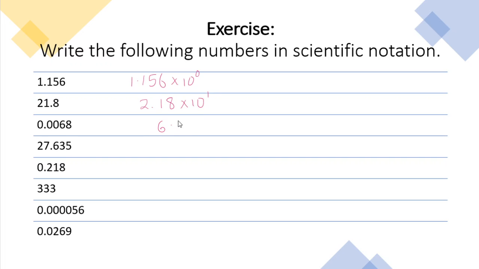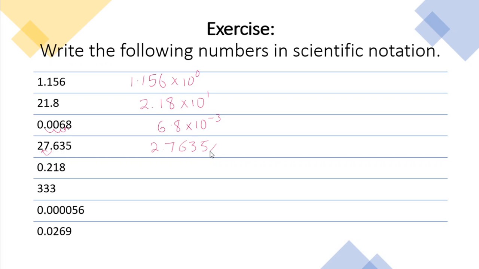This one is 6.8 times 10 to the power minus 3. Here we can say how much we moved. So 1, 2, 3 from left to right. And here we will move from right to left. So the power will be positive, and we move just one digit here.